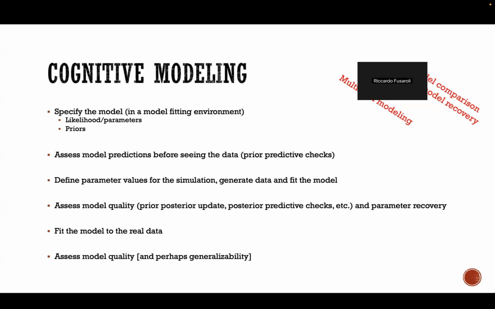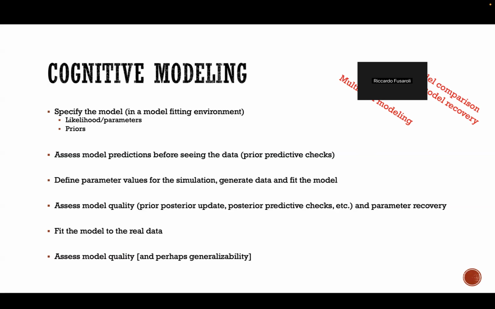Let's say that we put a prior that is very close to 0 on the learning rate, and the true parameter value is 0.7. The model will expect, even after seeing the data, behavior that updates much more slowly than the real data. And we would see that in the predictions.